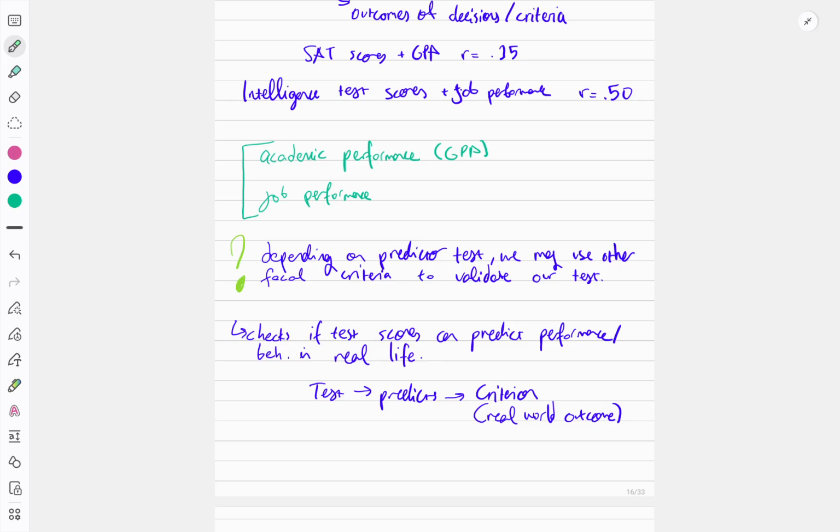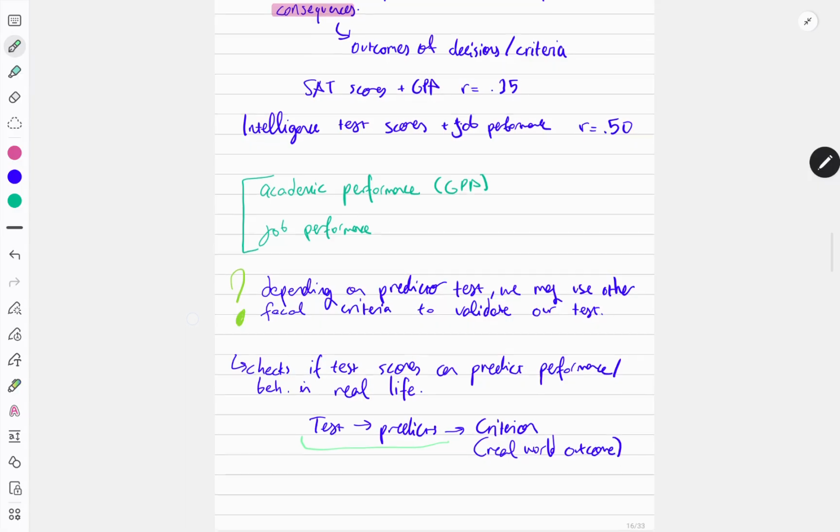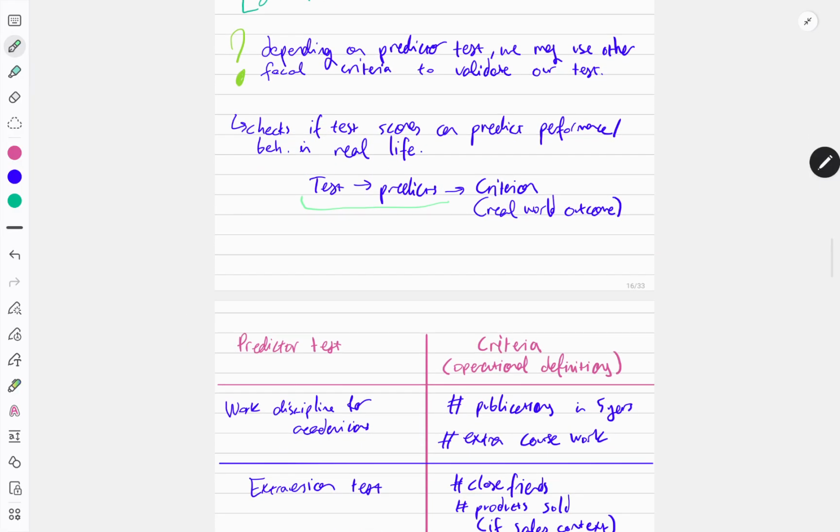It checks if test scores can predict performance or behavior in real life like we want. So our test is predicting something, and then we are doing criterion related validity on it.